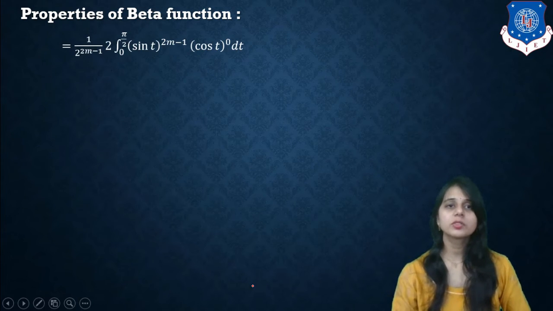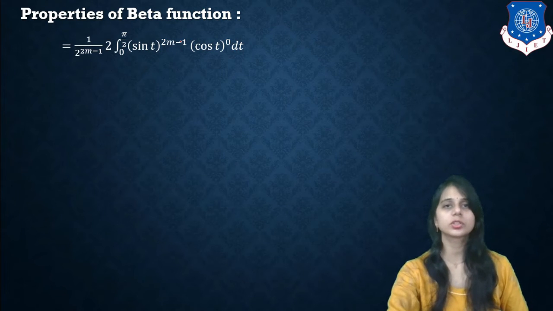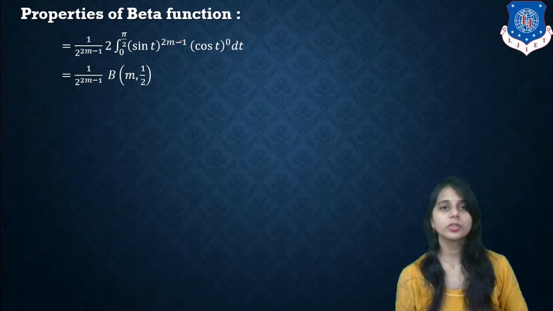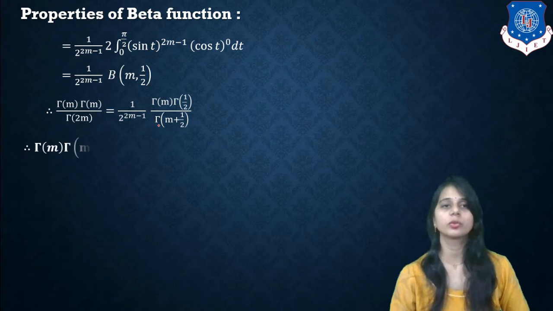Using the properties, we get 1 upon 2 raised to 2m minus 1 into 2 integration 0 to pi by 2 sin t raised to 2m minus 1, cos t raised to 0 dt. So we say that it is beta m, 1 by 2. So gamma m into gamma m upon gamma 2m equals 1 upon 2 raised to 2m minus 1, gamma m gamma 1 by 2 upon gamma m plus 1 by 2.